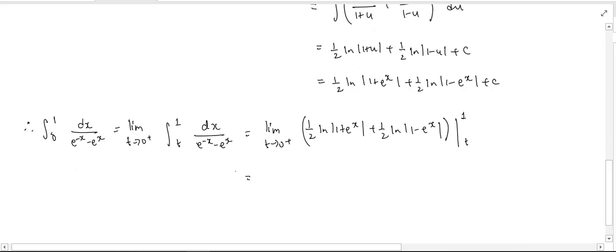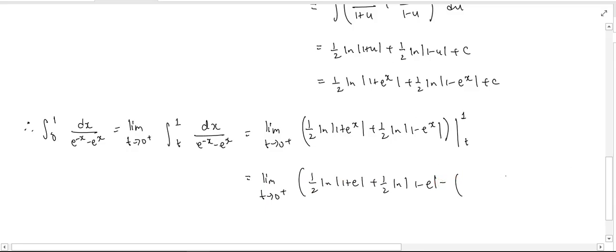Now, let us try to substitute. When x is 1, we have 1/2 ln 1 plus e plus 1/2 ln absolute value 1 minus e. When x is t, what do we have?